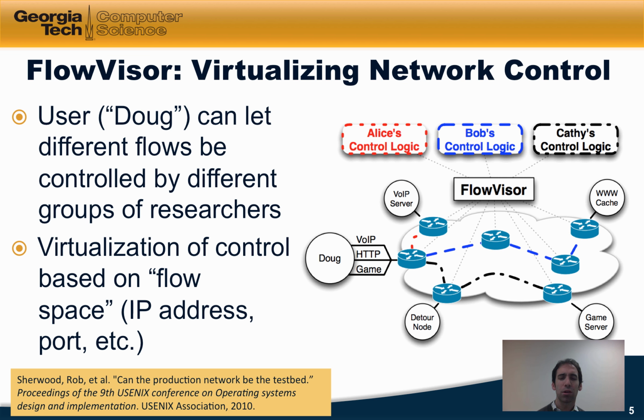So what Visor allows Doug to do is specify some subset of the traffic that he is willing to let run over that experimental network control. Now this virtualization is achieved using a concept called flow space.